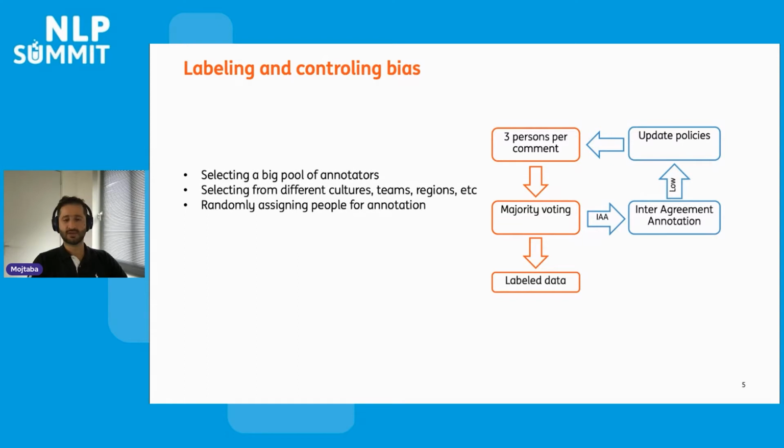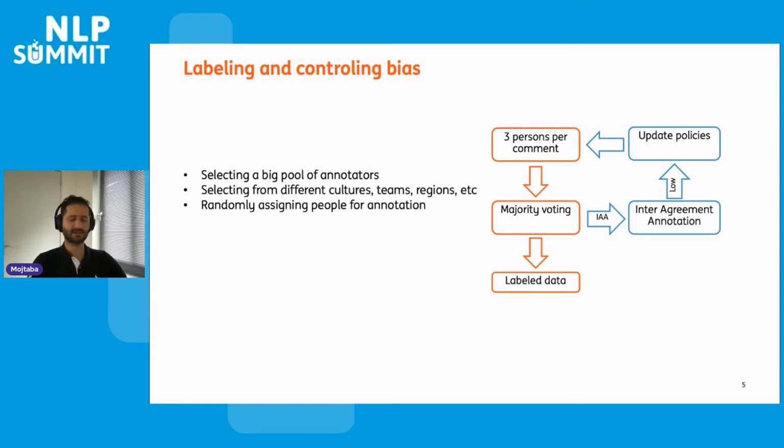If the agreement is low, for us it was an indication that something is not clear to them. So in that case, we tried to update our instructions to make sure that everything is clear to them. We kept this loop up and running each time we labeled our data.